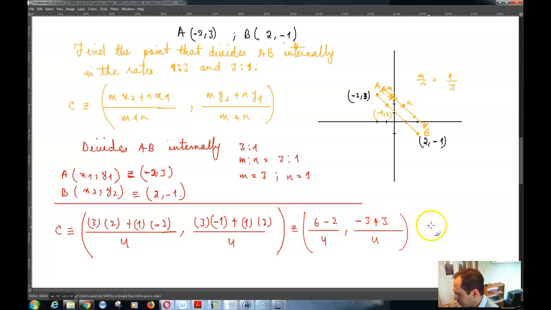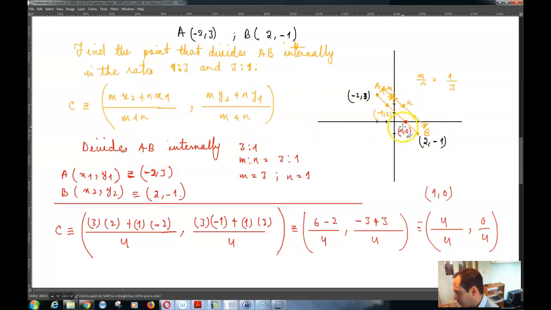So this is the same thing as 4 over 4, comma, 0 over 4, which is the same thing as 1, comma, 0. So 1, comma, 0 is this point over here, and that is the point that divides the line segment AB internally in the ratio 3 to 1.